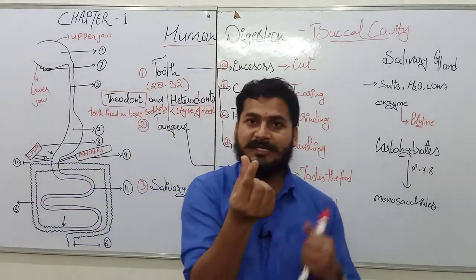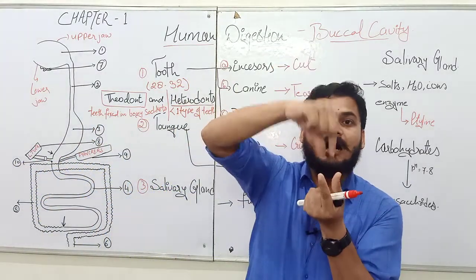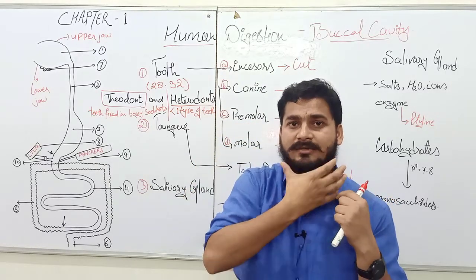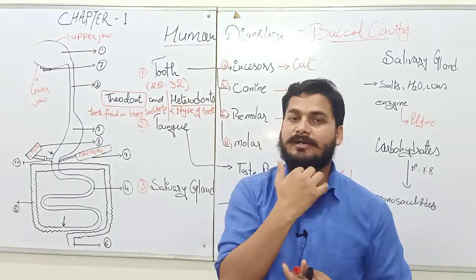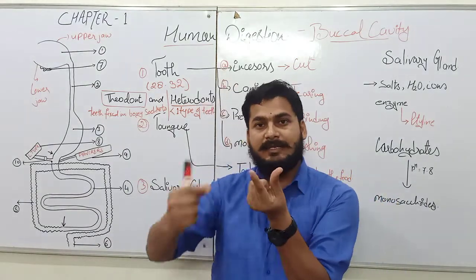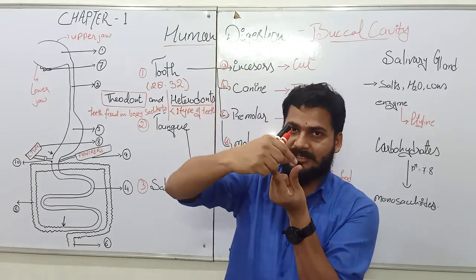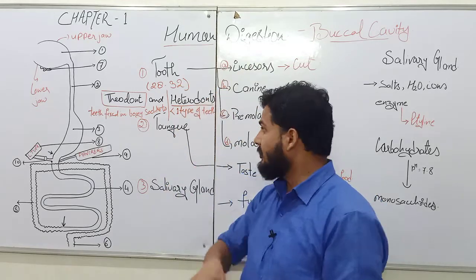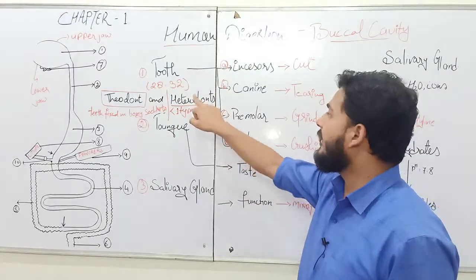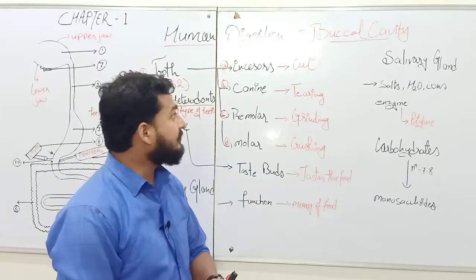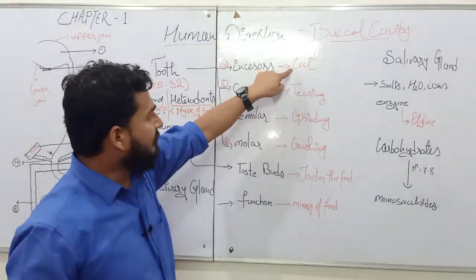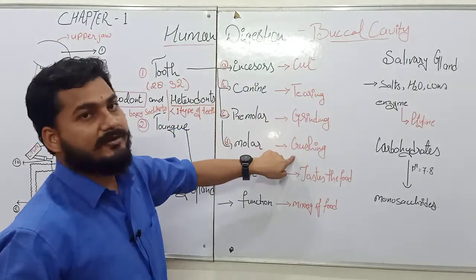Sockets are specially designed structures in which our teeth have been fixed. In the jaws, if we dissect the muscular region, we can see our teeth have been placed in a particular perfect structure, and hence we are called thecodonts. And since we have more than one type of teeth, we are called heterodonts. We have 4 types of teeth: incisors, canines, premolars, molars, with the functions to cut, tear, grind and crush the food.